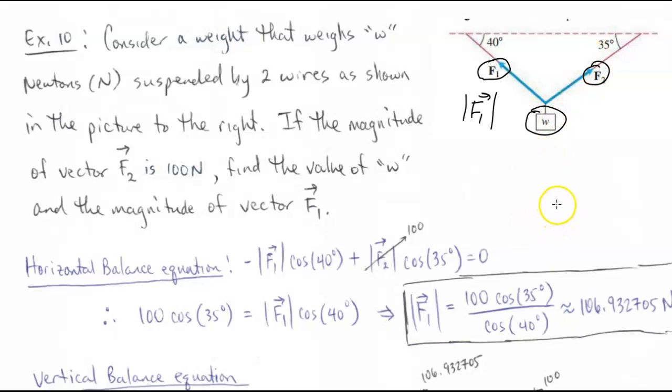If I did a free body diagram for this, then vertically I would have my weight down here. The force coming up here would actually be a combination of 2 forces.